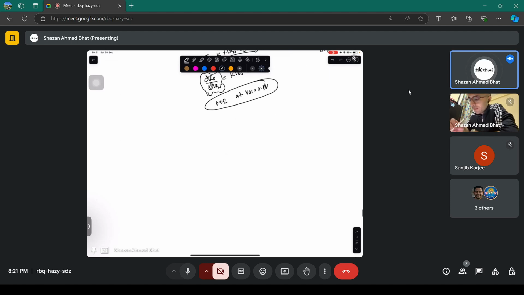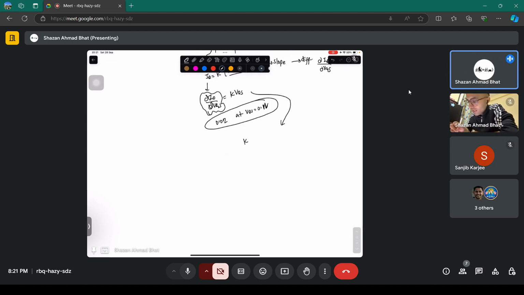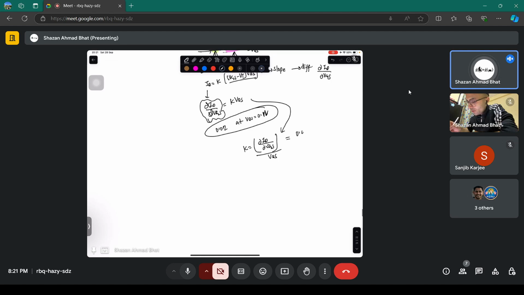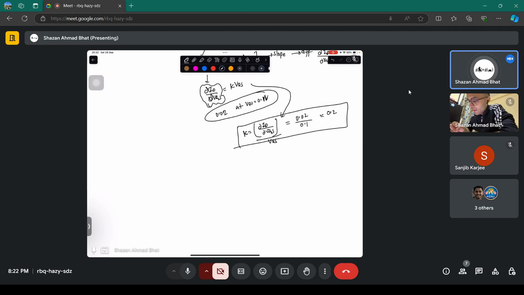So K is equal to dou ID by dou VGS divided by VDS, which is 0.02 divided by 0.1. You get approximately 0.2. So you obtain the transconductance Kn, which is K.